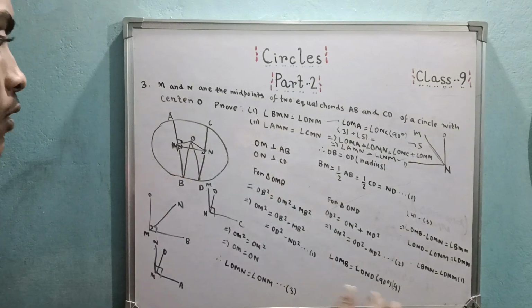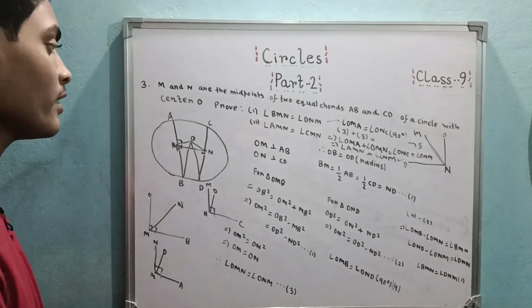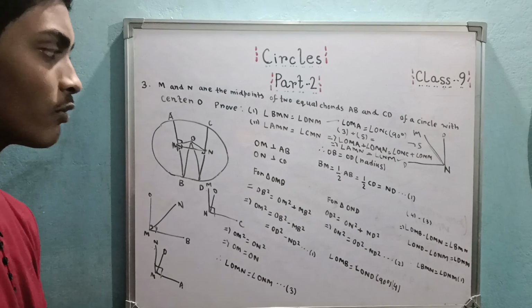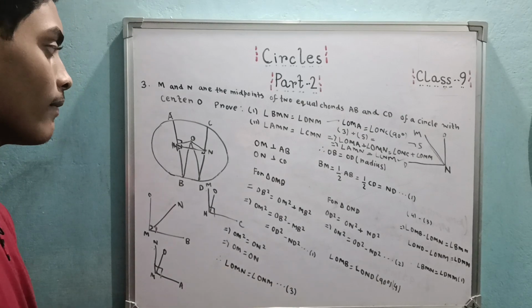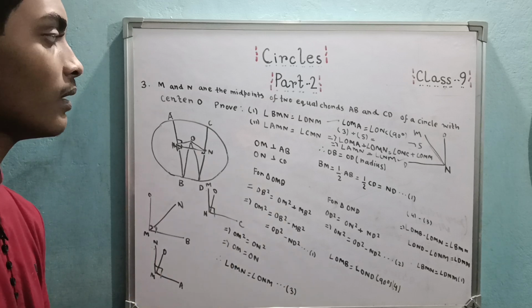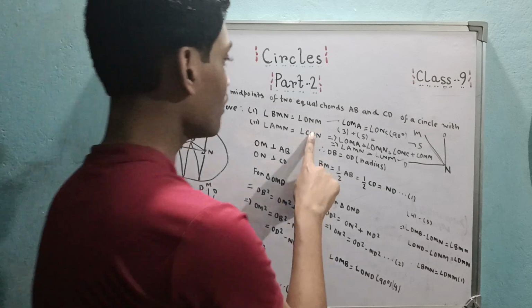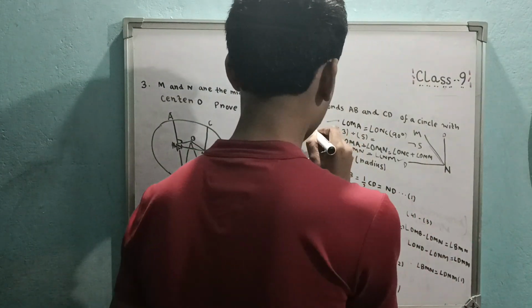We take that as equation 4, and we do minus 3. We have the first proof. Similarly, we have angle OMA equal to angle ONC, 90 degrees. Keep it as equation 5. To equation 5, add equation 3. We have the second proof, angle AMN equals angle CNM. And that's how we end this question quite easily. I think I missed out something. It's not CMN, it's CNM.